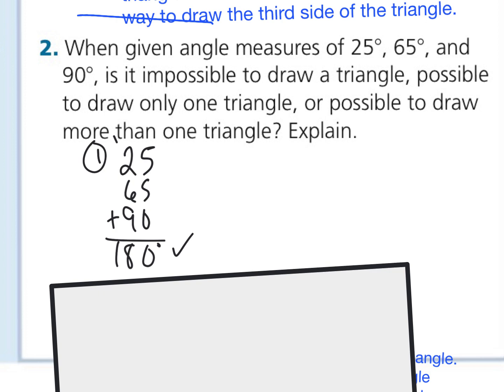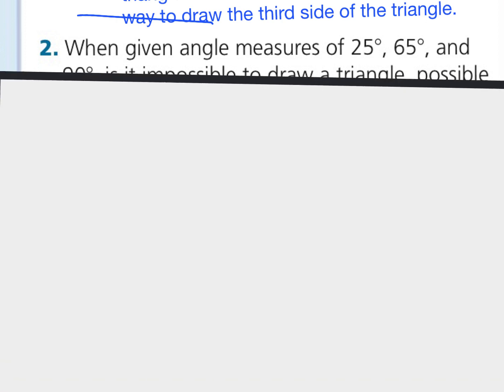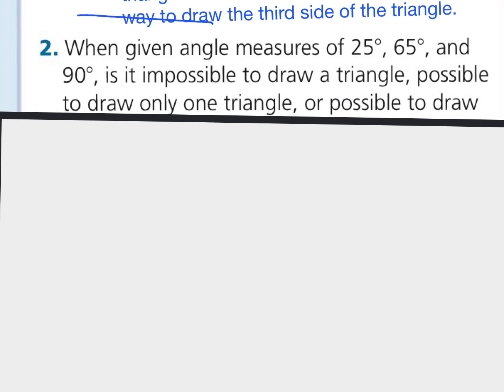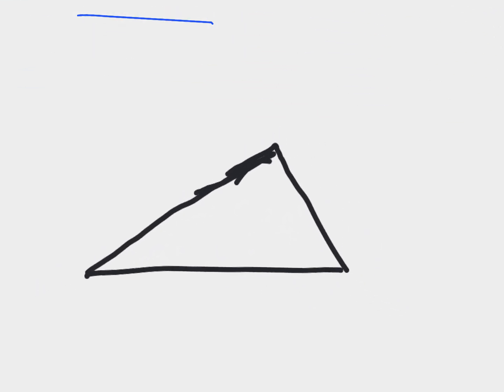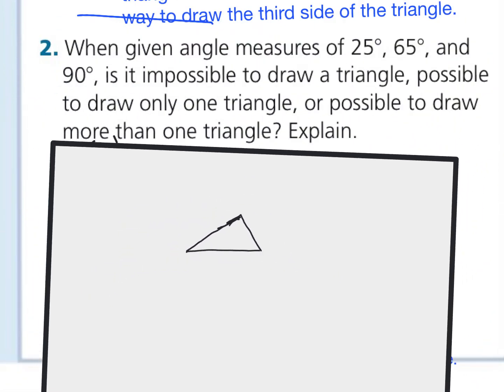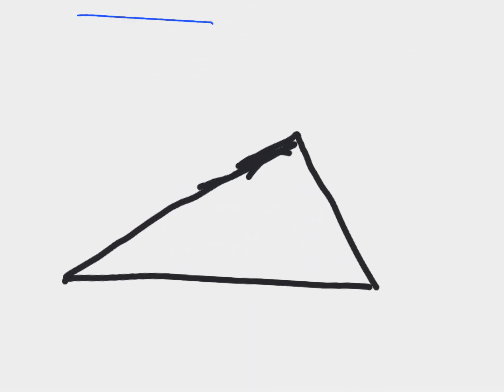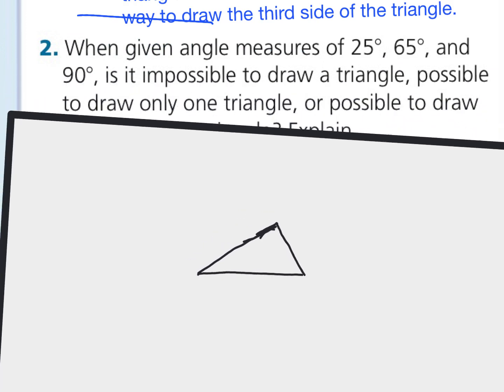So with 3 different angle measures, but no side lengths, if you can just imagine, let's say we have a 25-degree angle, a 90-degree angle, and a 65-degree angle. So maybe it looks something like this. If you think about that, we could make this triangle either bigger or smaller, and it would still have those same angle measures.